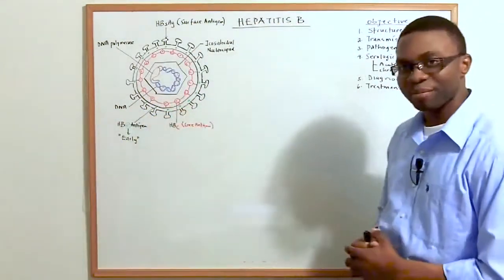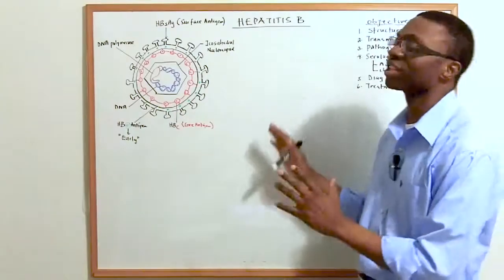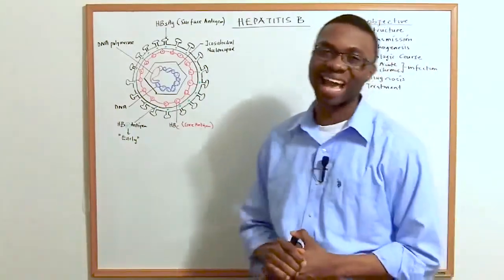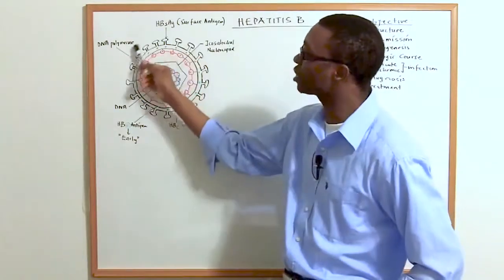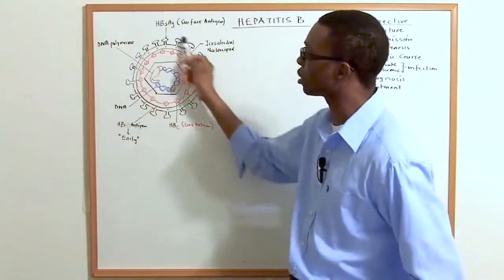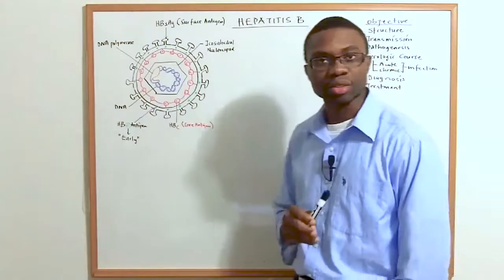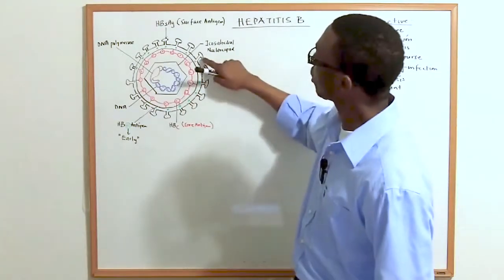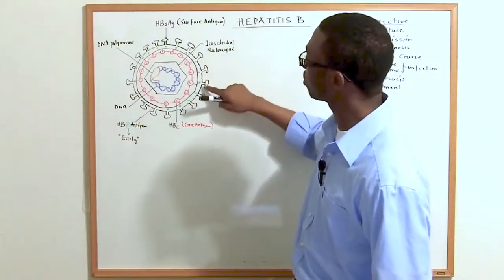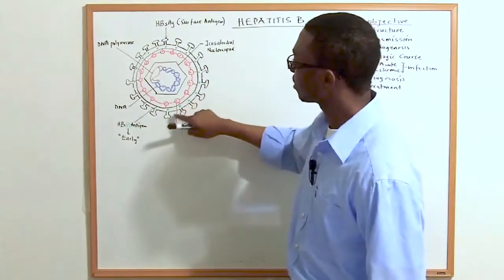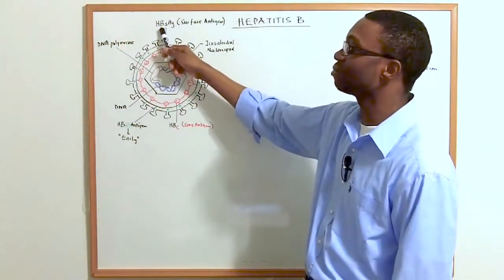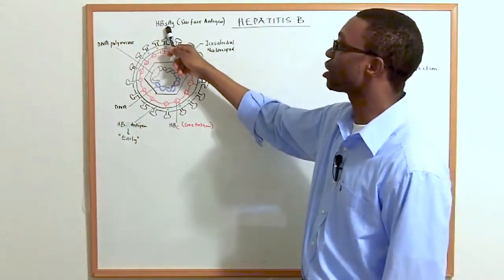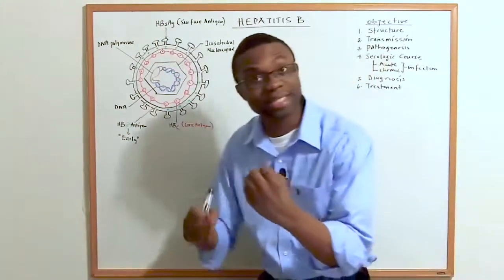On the right side of the board, I have drawn out a beautiful structure of hepatitis B. We're going to start one by one by looking at the outermost structures of the virus. This little pointed, round, mushroom-looking structures, that is the hepatitis B, HB, surface antigen, which makes sense.